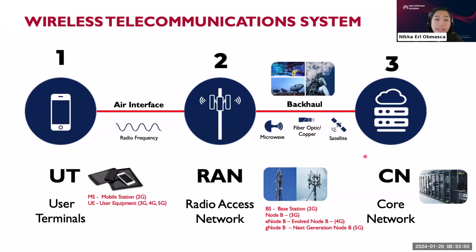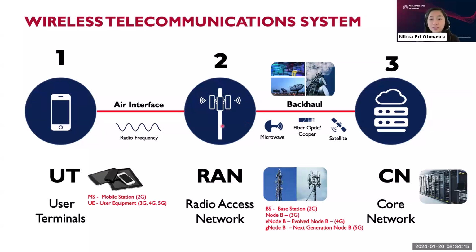The RAN is connected to the core network via a backhaul. This backhaul may be microwave, satellite, fiber optics, or copper. There's still a lot of consideration on what backhaul to use, but so much for that. Again, the core network is like the brain of our communication system.